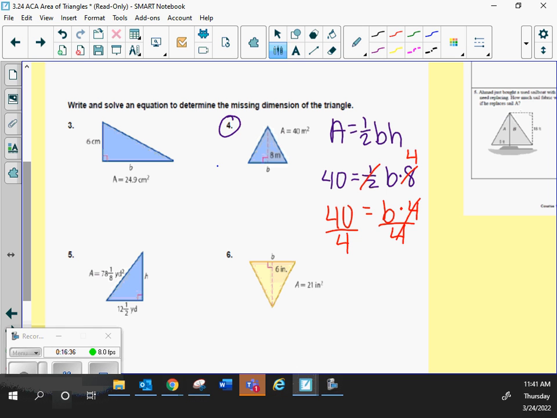Yeah, cancel, and we're left with B. And then 40 divided by 4 is equal to 10. Okay? It's a little spicy because there's an extra step, but it's all stuff we've practiced. So just copy it down and hopefully you get there. Okay, we are missing our units because it's the base length, so it's going to be 10 meters. Very good. And that's my final answer.